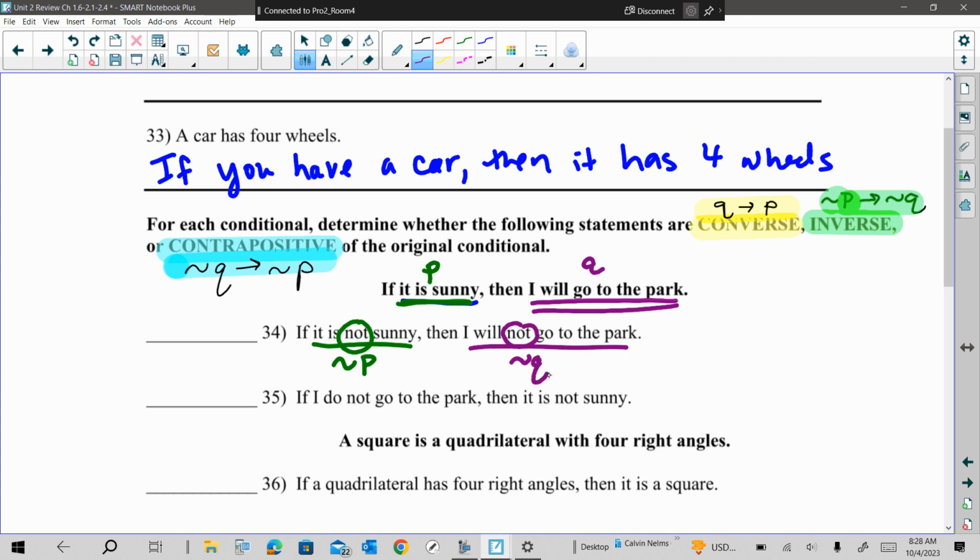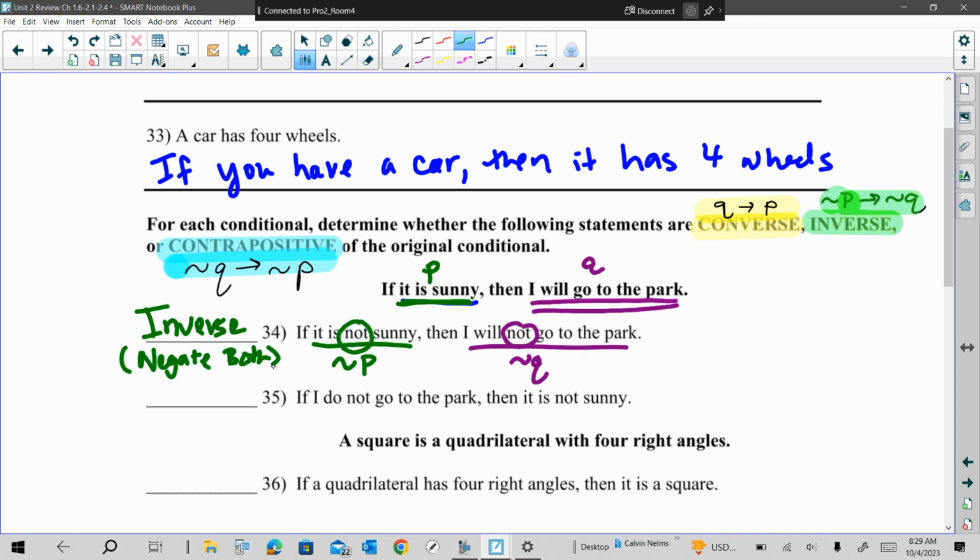So what type would this statement be? Inverse. Yep, this is inverse. And the reason why I know it's an inverse is they negate both. So we negate both parts.